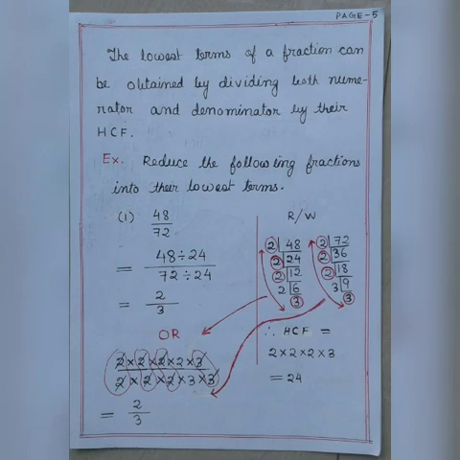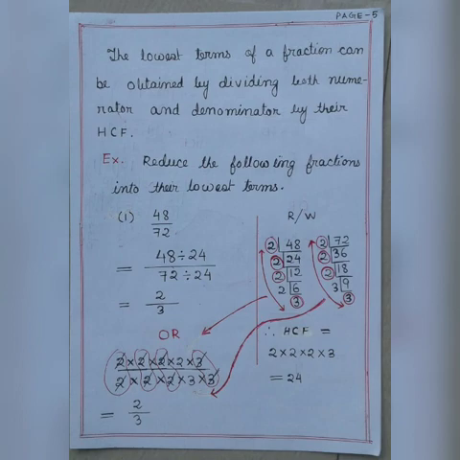Or you can write all the factors of the numbers. I have written 48 equal to 2 into 2 into 2 into 2 into 3, and as denominator I have written the factors of 72, 2 into 2 into 2 into 3 into 3.